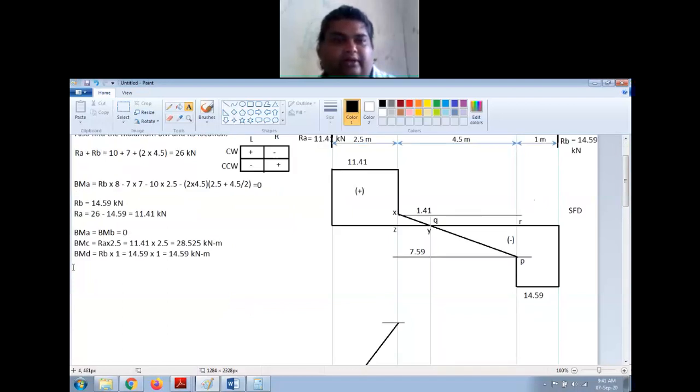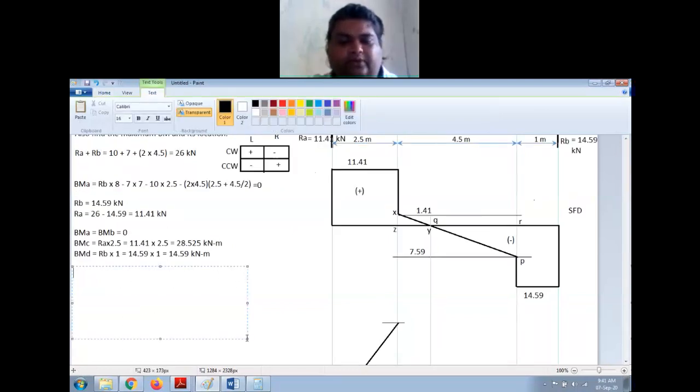So I will write like this. From triangle XYZ and PQR, I need this ZY and QR, right?